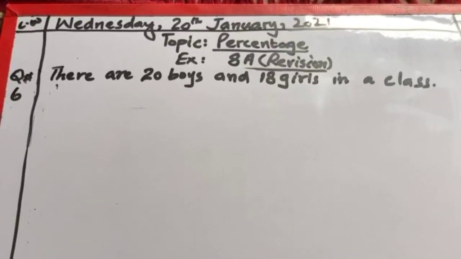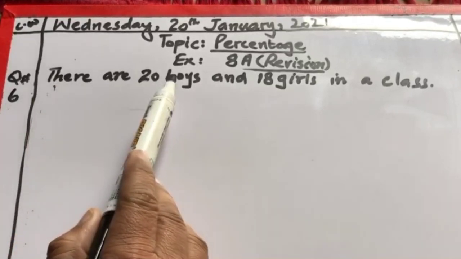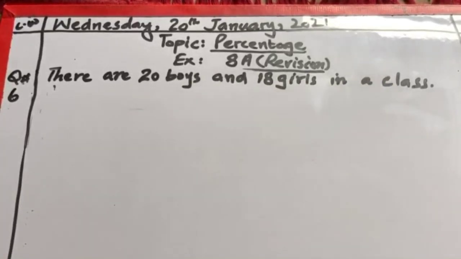Okay, so now we are going to solve question number 6 of exercise 8A. The statement of question number 6 is: there are 20 boys and 18 girls in a class. Now we have to find the percentage of boys and the percentage of girls.